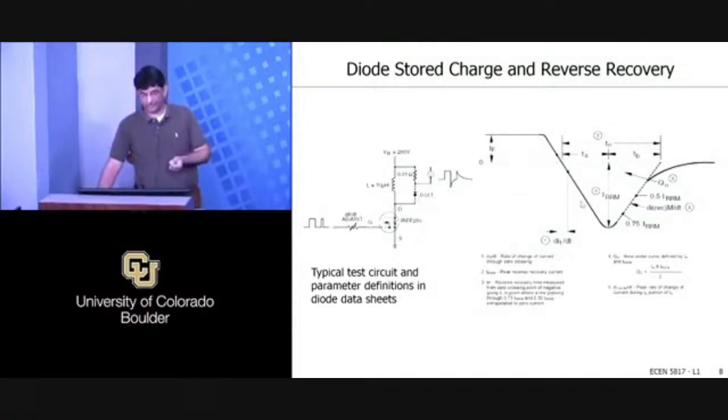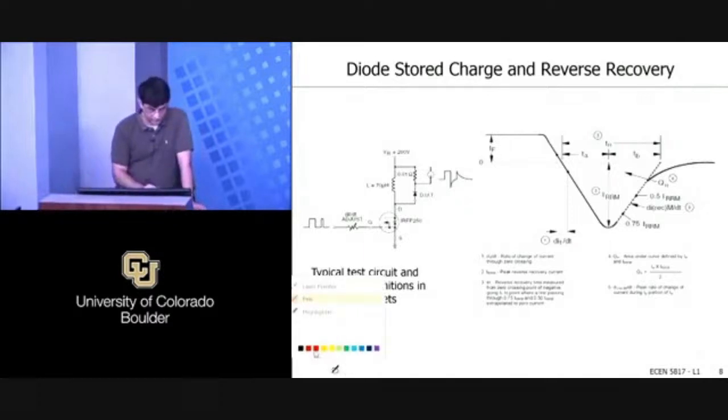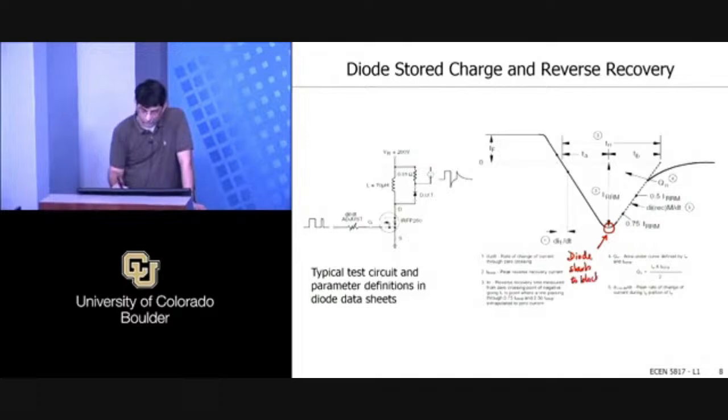In fact, it goes negative until you've pulled all the charge out of the diode. And then at this point, where you see this little knee right here, that's where the diode starts to block voltage.